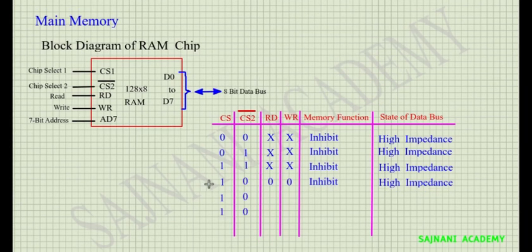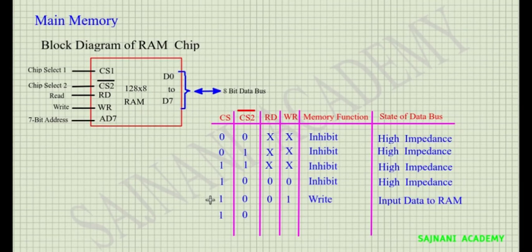Now we can see here that if CS1 is 1 and CS2 complement is 0, the RAM IC is enabled. But if read and write signals are both 0, that means we are not interested in either reading or writing into the memory chip. So again, the RAM IC will be in a high impedance mode.